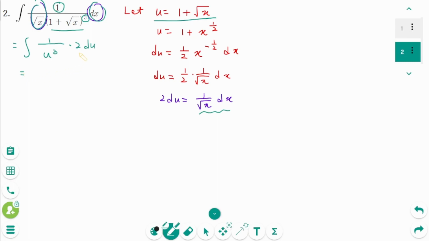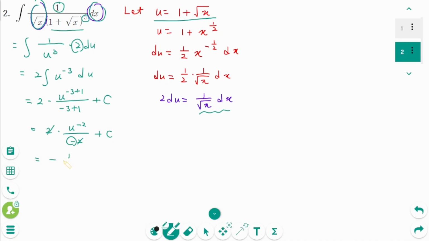We can rewrite as 2 times the integral of, make the power form, u to the power of minus 3 du, equals 2 times, use the power rule for integration, u to the power of minus 3 plus 1 over minus 3 plus 1 plus c, equals 2 times u to the power of minus 2 over minus 2 plus c, equals, cancelled, minus 1 over u squared plus c, equals minus 1 over u, where u was 1 plus square root of x, so minus 1 over 1 plus square root of x squared plus c.